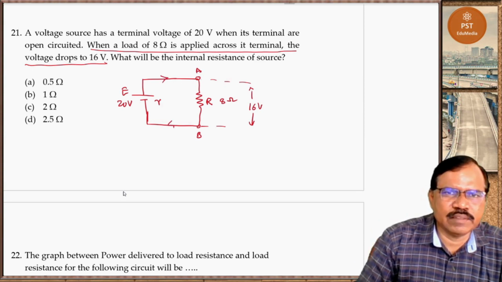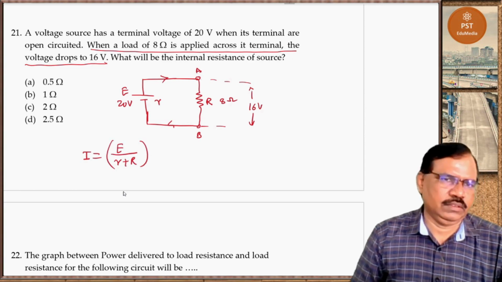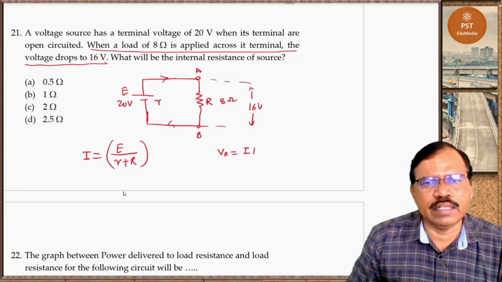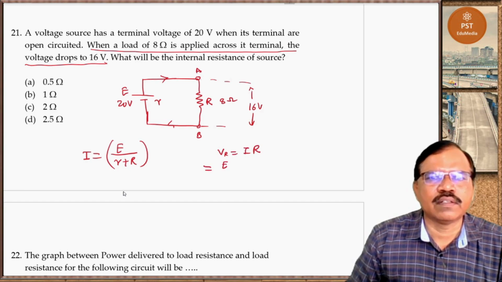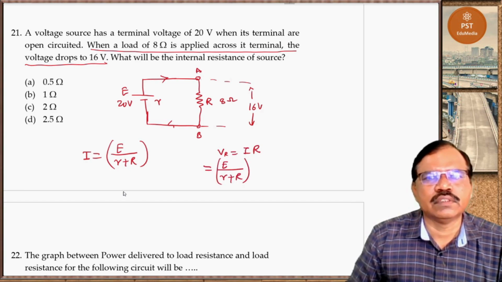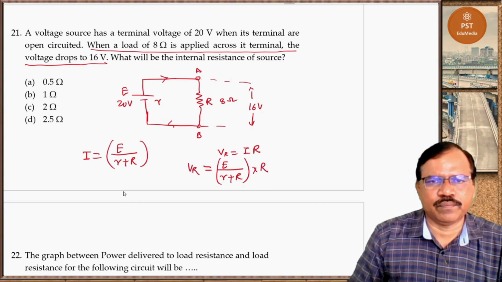Now what happens here? Current through circuit is I is equal to E upon R plus R current. So what is potential difference across R? VR is equal to I into R. So it is E upon R plus R, this is current into resistance, that is equal to VR.